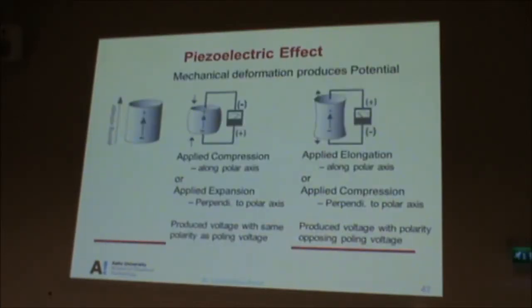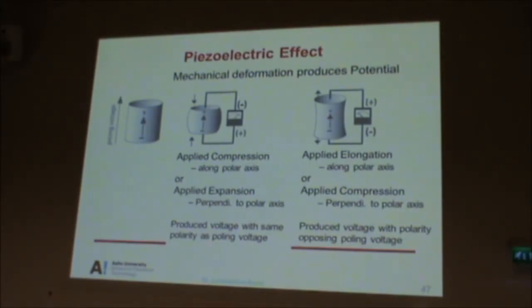That is the basis of this. When you physically strain this poled object, you have external voltage developing. So when you press, you can get electric voltage out of it.